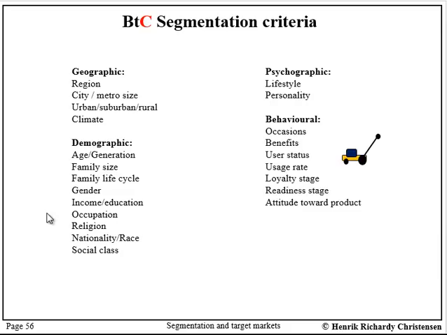And behavioral, also about occasions, benefits, user status, rate, loyalty stage, readiness stage to buy, and the attitude towards the product. So again, these different criteria here help us to divide the whole market into smaller parts.